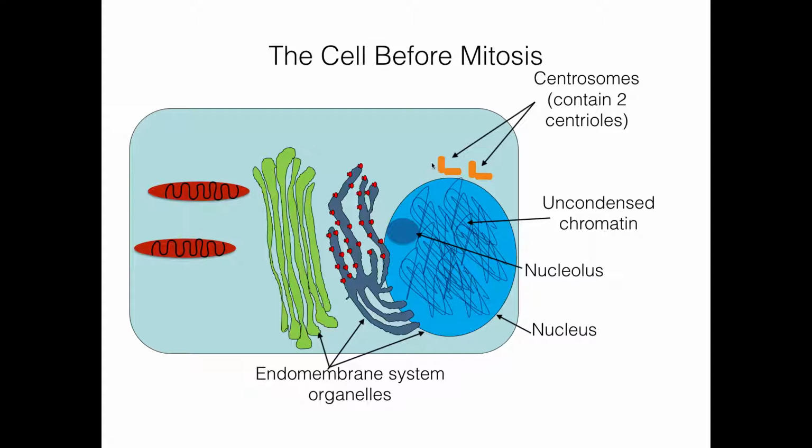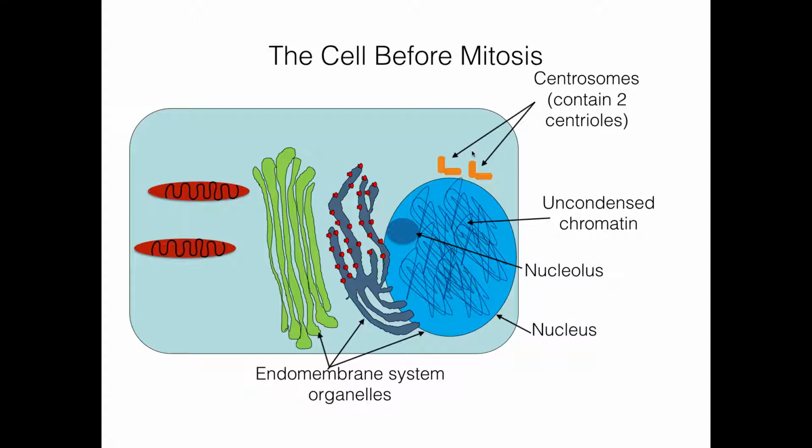Centrioles make a part of the cytoskeleton, which is the protein network that gives structure to the cell. The part of the cytoskeleton that they make are called microtubules. They're going to be very important to the process of mitosis. So this is the cell during interphase, during its normal stuff that it's doing, right?